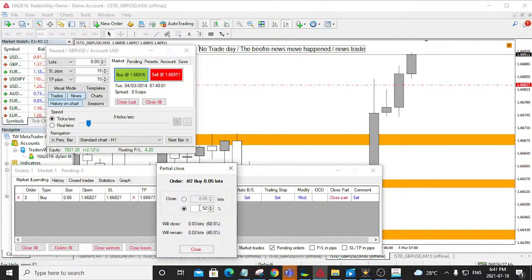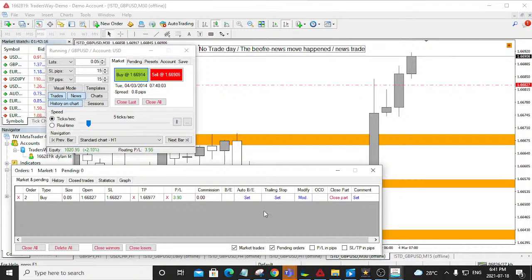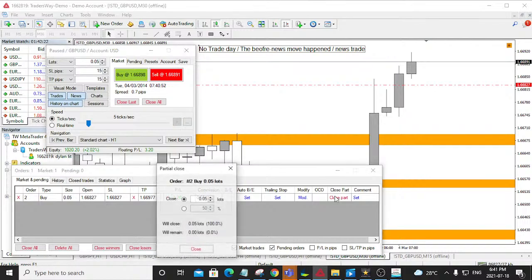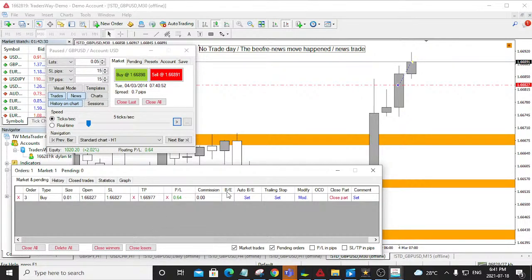What is going on here? Okay, you know what? I'm going to pause the simulator because I need to figure out what is going on here. Close partial. Take away 80. Why did that take so long? Okay, so we have literally just a 1 cent lot running here.